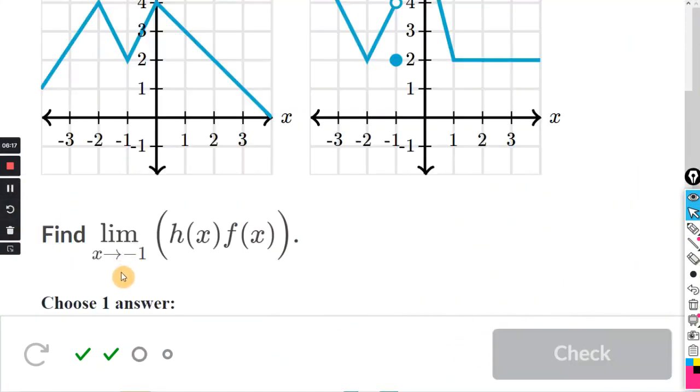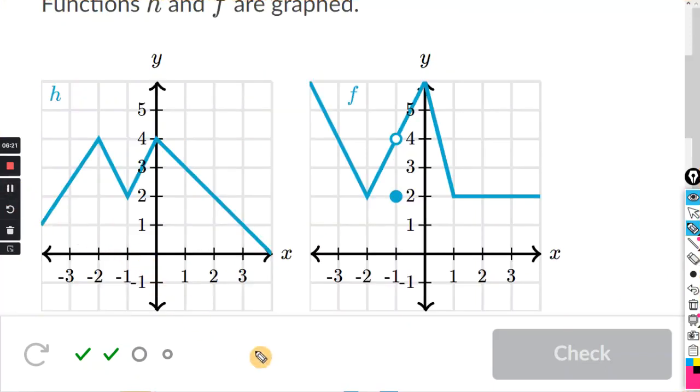All right, x approaches -1. Product, let's try it out. Here's x equals -1. From this side, it's 2. And from this side, it's 2.